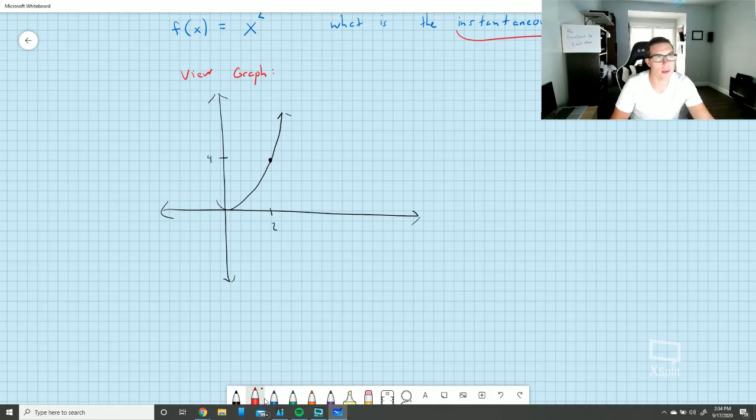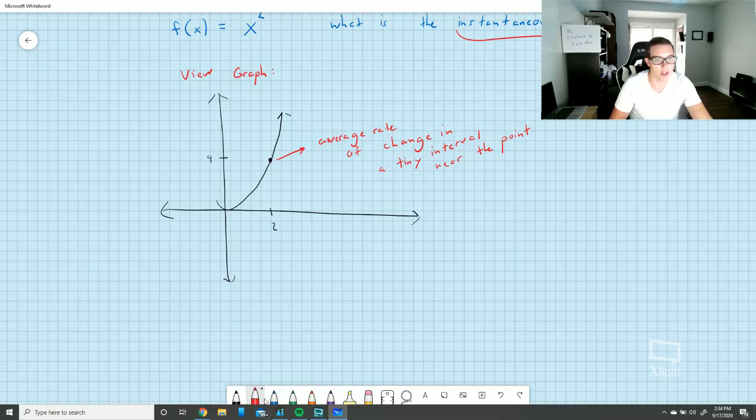What we just did there with that whole zooming in thing was basically finding the average rate of change in a tiny interval near the point. If we do that, that's a good approximation for the instantaneous rate of change at that point.